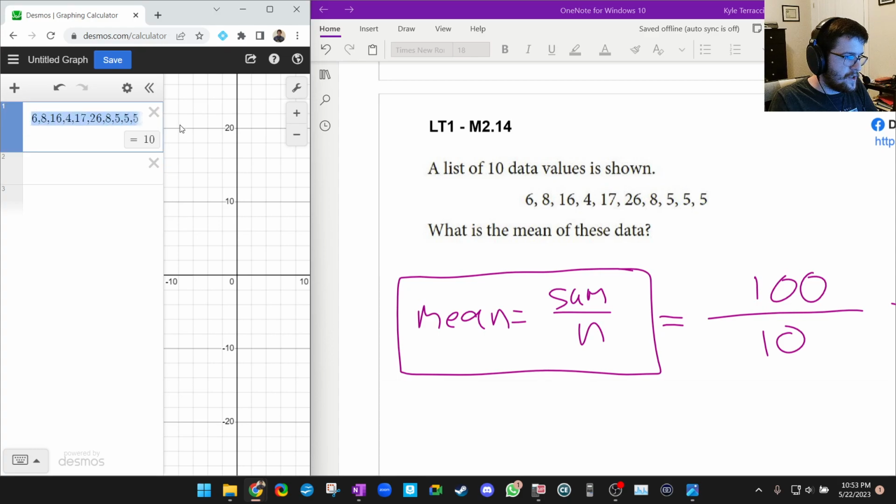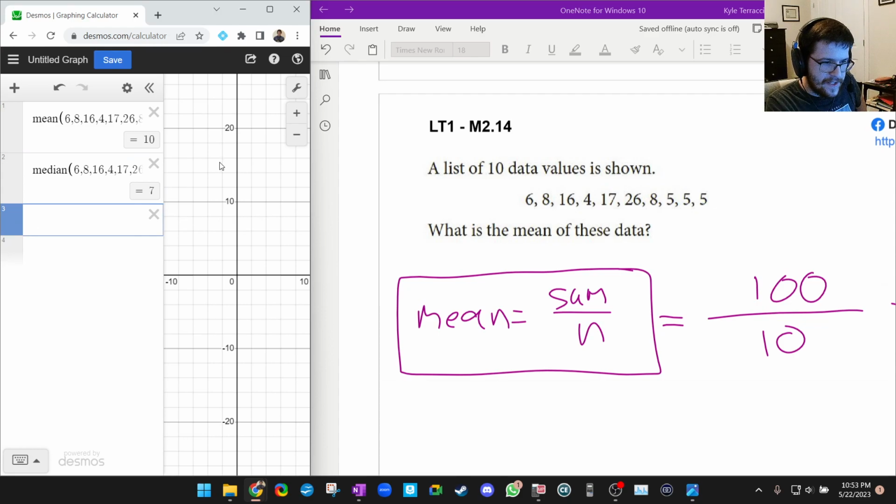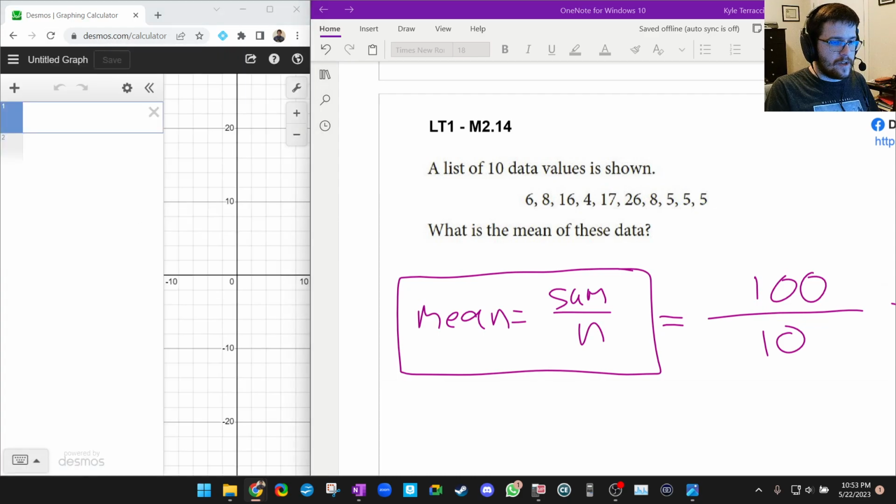We could also, very similarly, find the median of that list. And if I did that right, it says it's 7, which should be correct. Anyway, so don't forget, mean and median of a list, you can straight up just type it in, get the answer very quickly. All right, great.